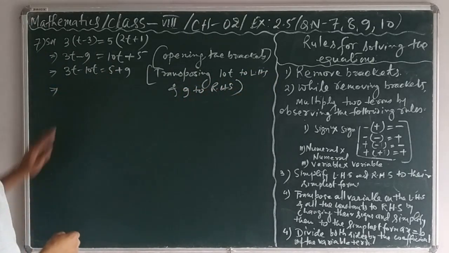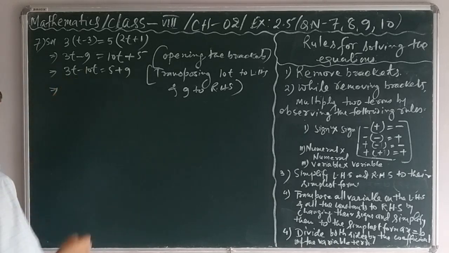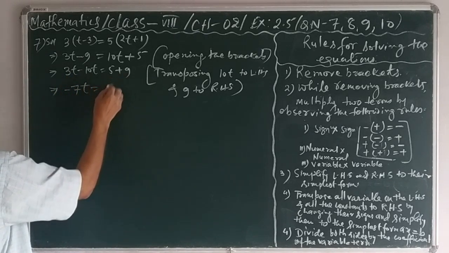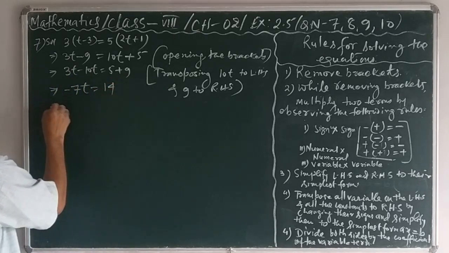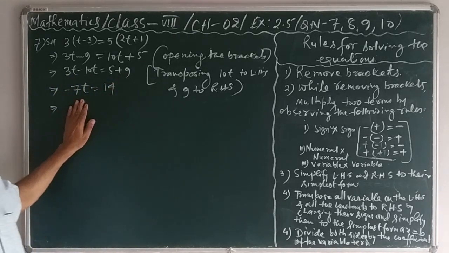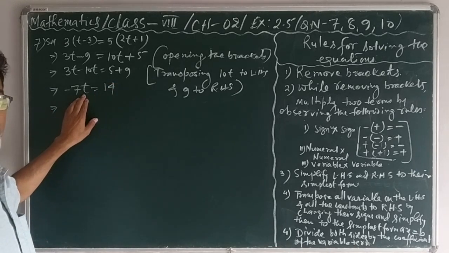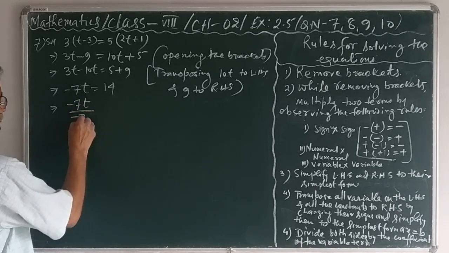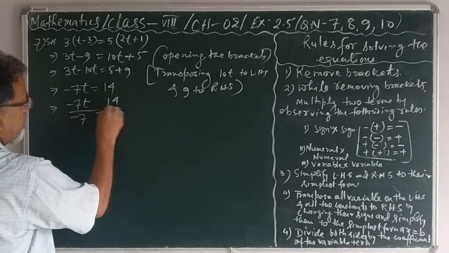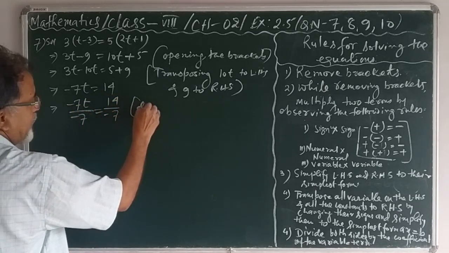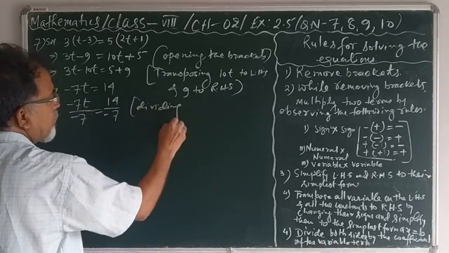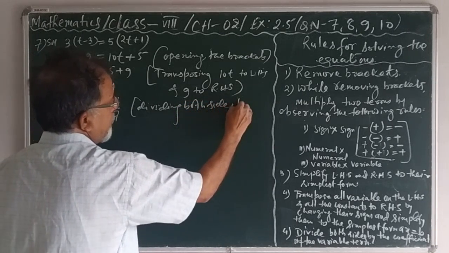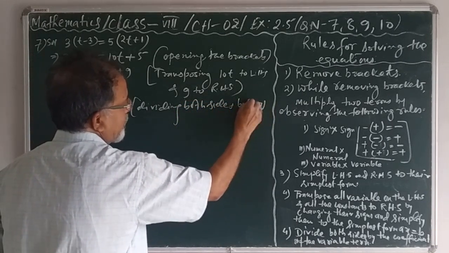Now let us simplify. On the LHS, 3t minus 10t is equal to minus 7t, and 5 plus 9 is equal to 14. Here we will divide both sides by the coefficient of t, that is minus 7. Minus 7t by minus 7 equal to 14 by minus 7, dividing both sides by minus 7.